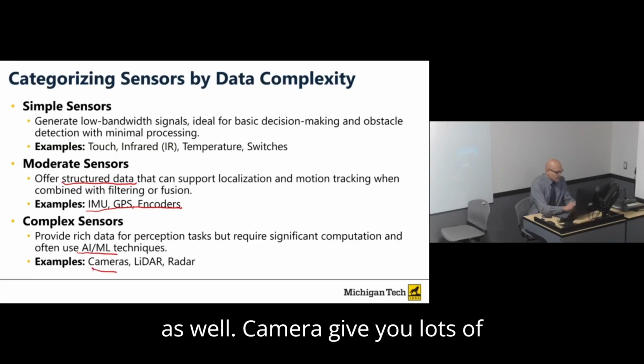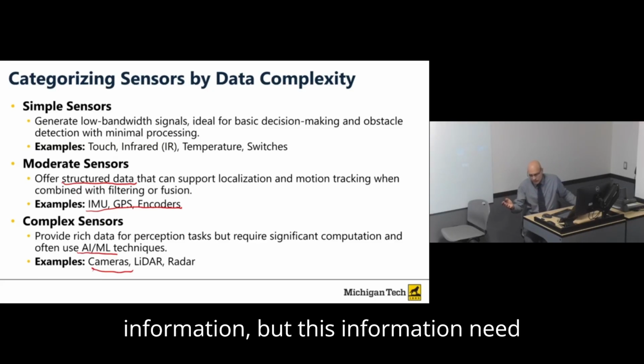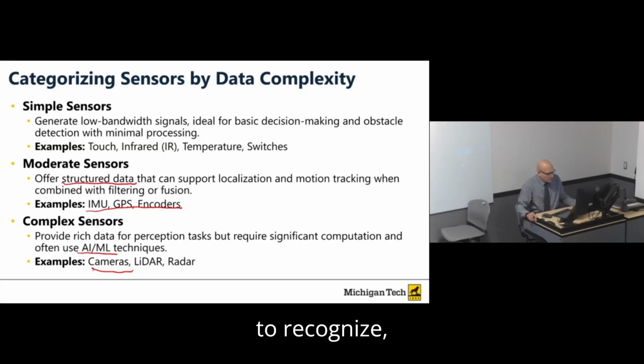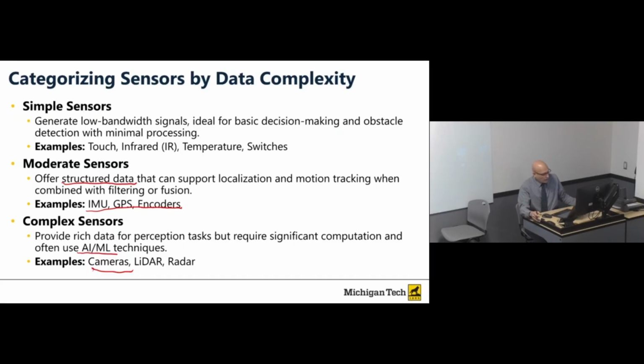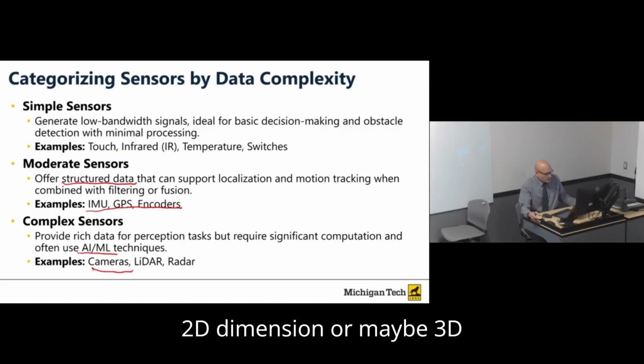And cameras as well. A camera gives you lots of information, but this information needs to be recognized, classified, or given meaning. The picture is just 2D, or maybe 3D.